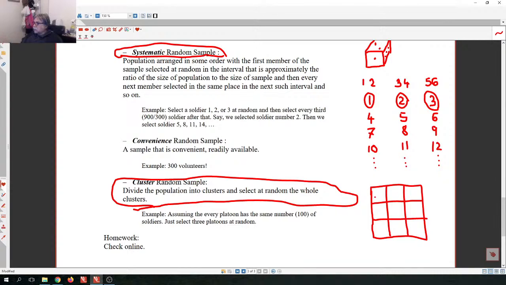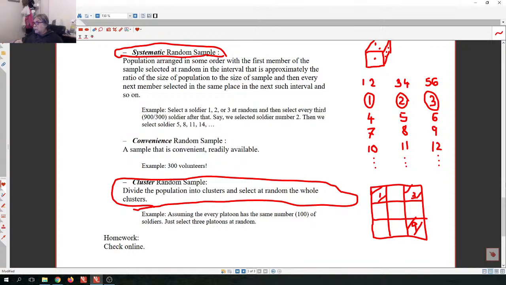And I might get, say, 1, 2, and 9. And I say, okay, these guys are going on a mission, and the others would not. So which means I would select whole platoons.